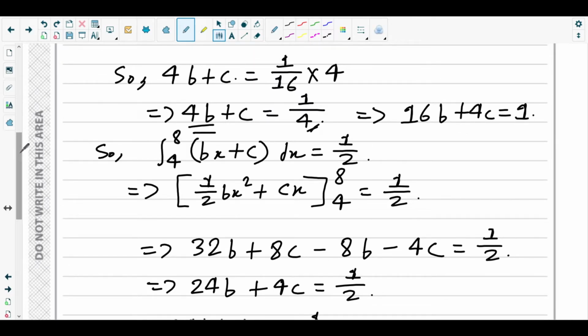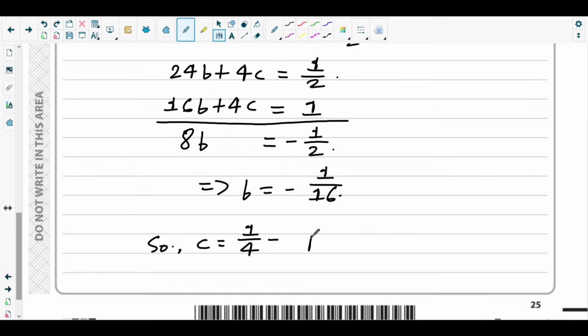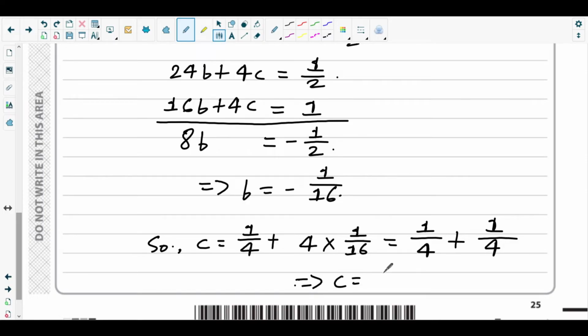Take 4b to the right side. So minus 4 times negative 1 over 16, negative negative makes it positive. So you will get 1 over 4 plus 1 over 4, which gives c equals 2 over 4, which is half.